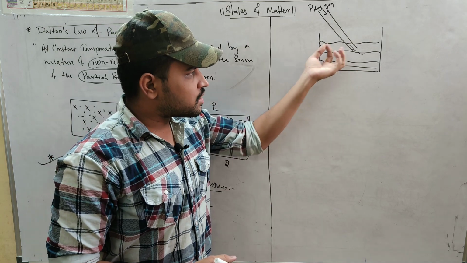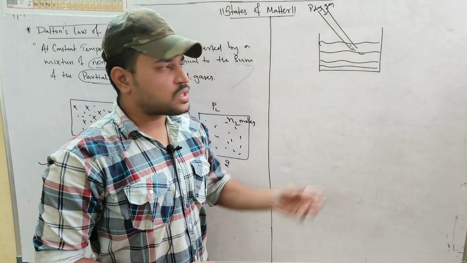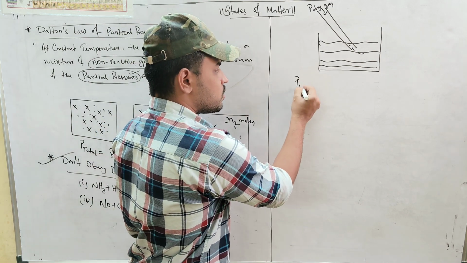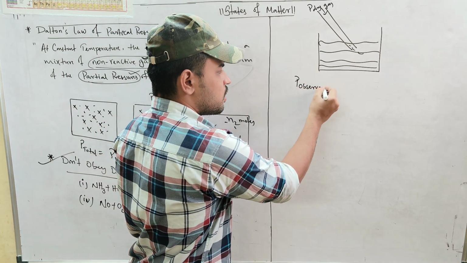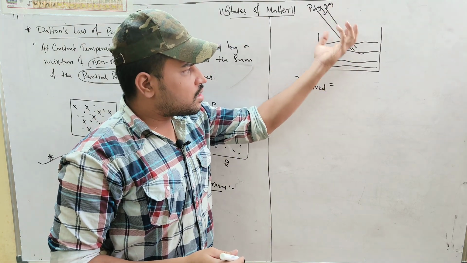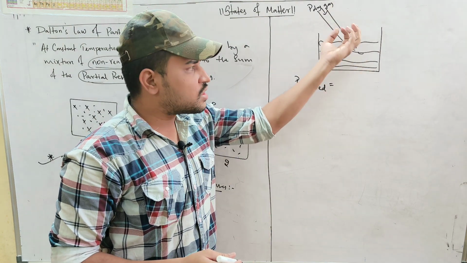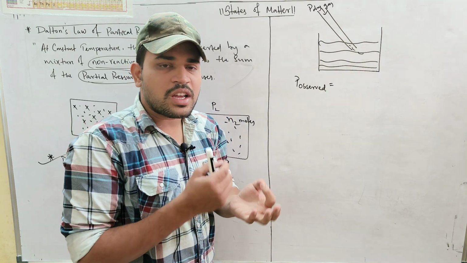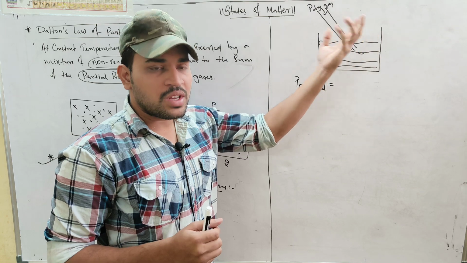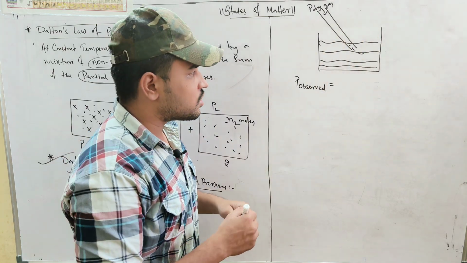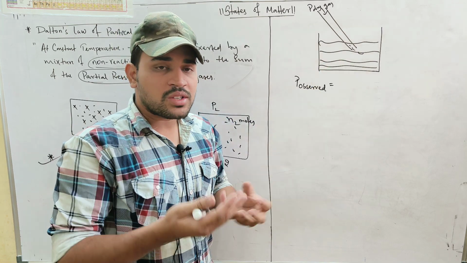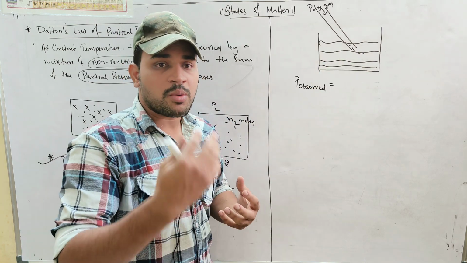In this process, what is the pressure we are going to observe? Since the gas is going into the water, it will contain moisture, so the pressure is going to increase. Why? Because the moisture or water vapors will also produce some amount of pressure.